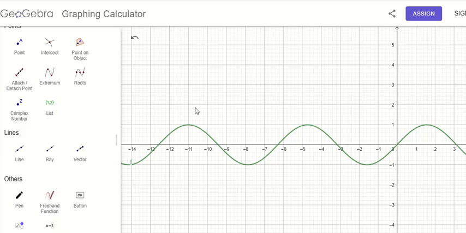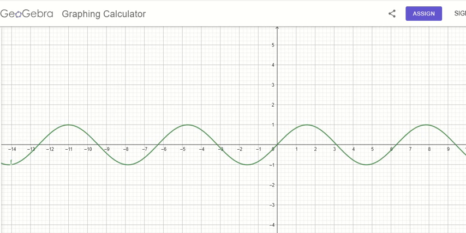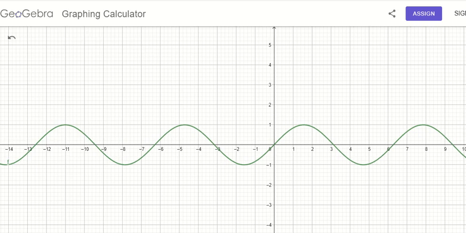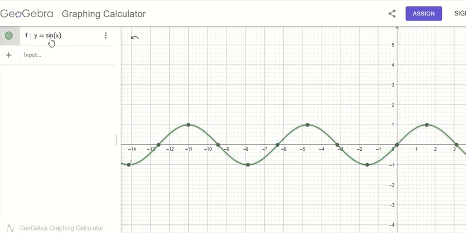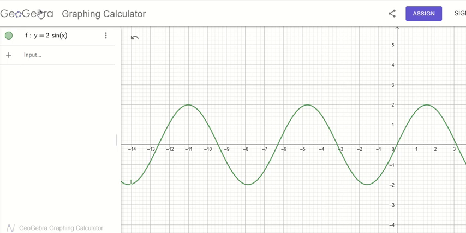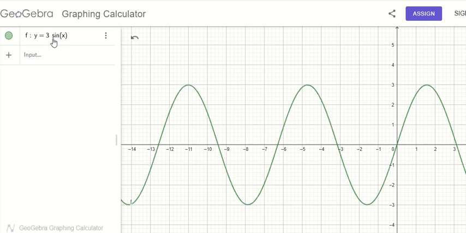And here, if I change the function around, so that there is the function y is equal to sin x. If I put in maybe a 2 in front of that, the amplitude of the graph gets higher. And then I'll go back, I'll put in a 3 now, and it gets higher again.